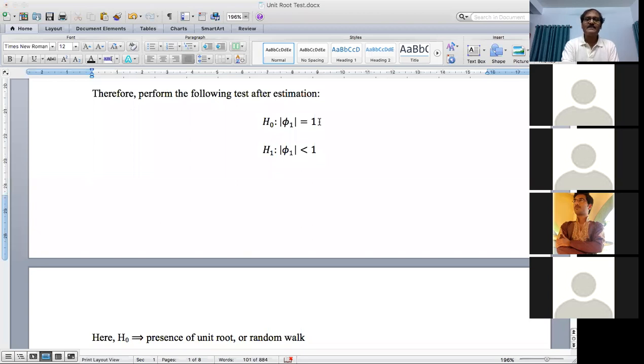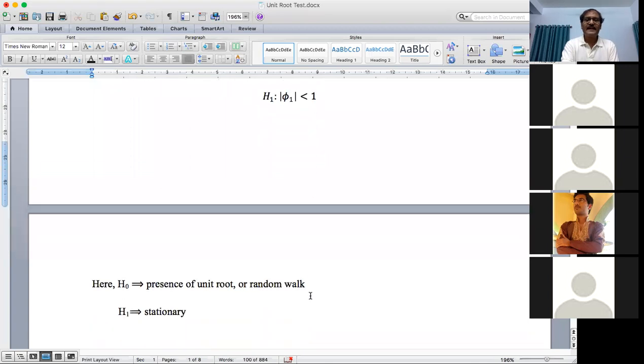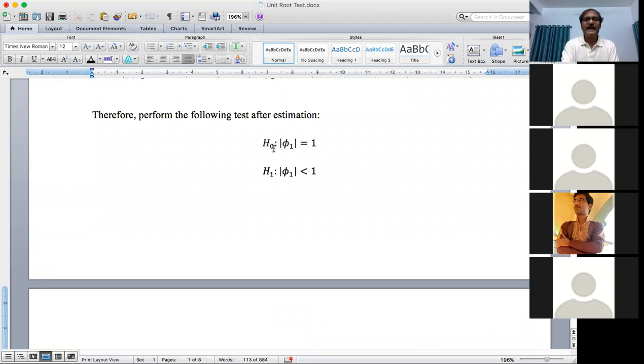Therefore, the null hypothesis we have set here represents the presence of unit root in the series or the random walk. And the alternative hypothesis, phi1 less than 1, indicates the series is stationary. So in unit root test, we have to consider phi1 is equal to 1 as a null hypothesis and phi1 less than 1 as the alternative hypothesis in absolute terms.